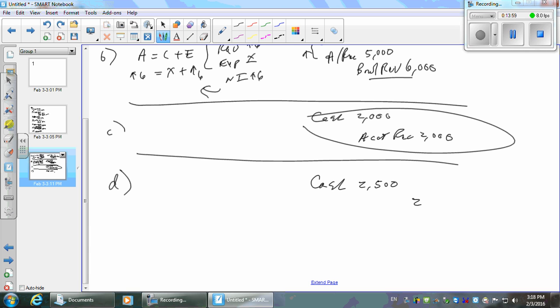What's the deal? They gave me cash and I gave them nothing. Well, I really gave them something. I gave them my promise to let them bowl for free in the future. So it's not free, they already paid for it, but they don't pay me again. So what do you want to call it? Unearned bowling revenue. That's a liability, isn't it?